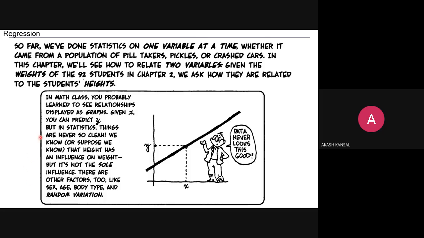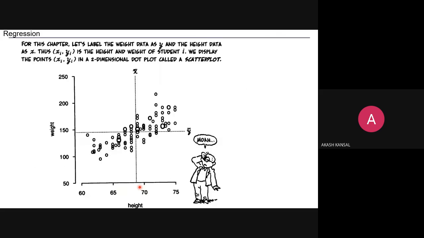For example, in this case, the height has an influence on weight, but there may be other factors as well, like sex, age, body type, and some other random variation. Now, let's label the weight data as y.